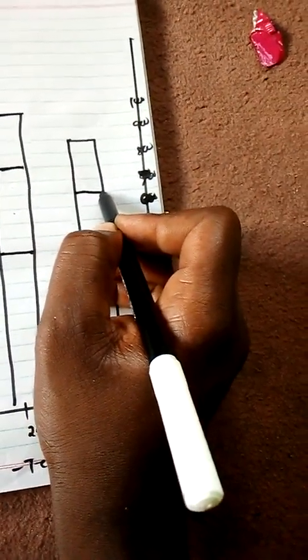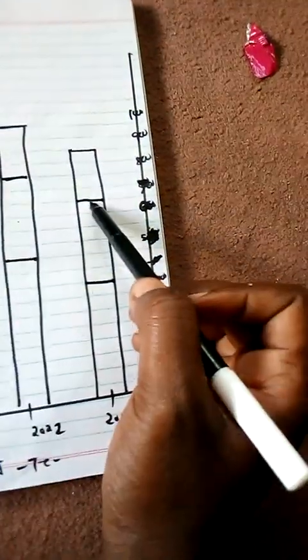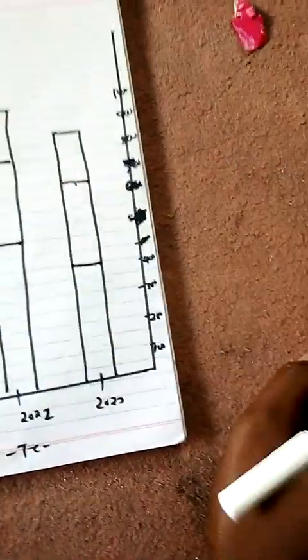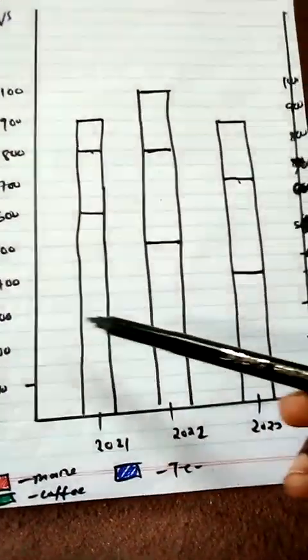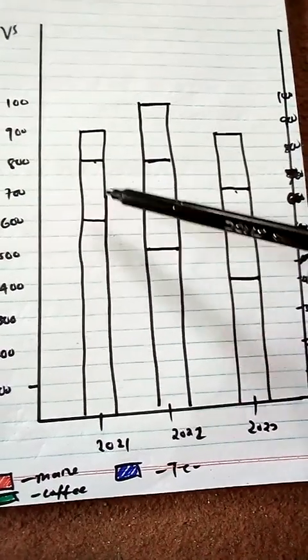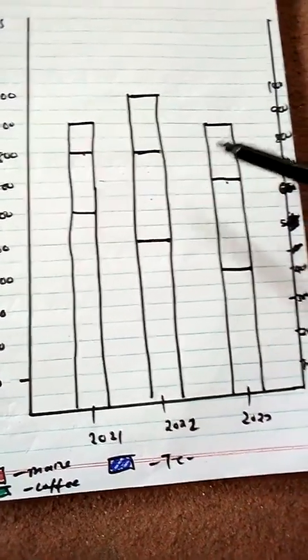Then from 700, the last data is tea, which is 200. So 700 plus 200 will be equal to 900 at this point. So our graph will have several portions. The first portion here was maize. The second portion for each bar represents coffee, and the last portion for each bar represents tea.